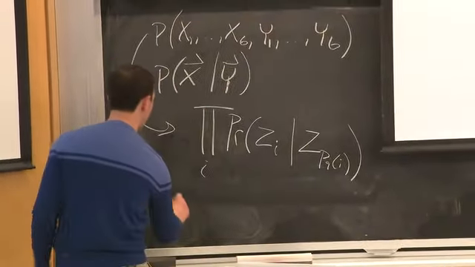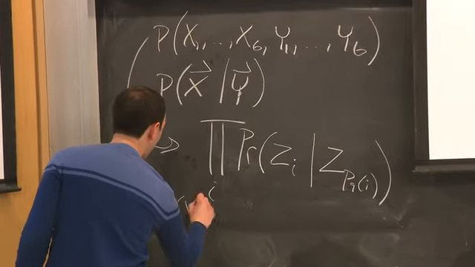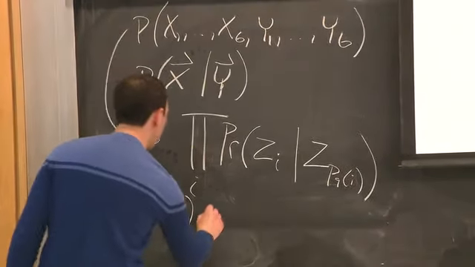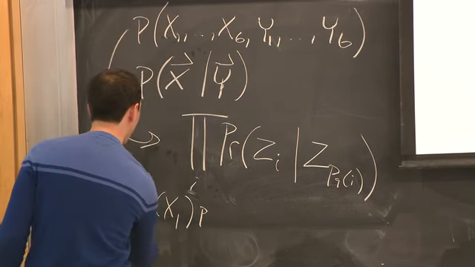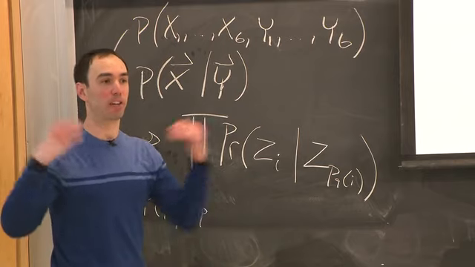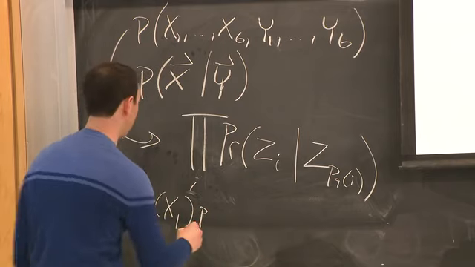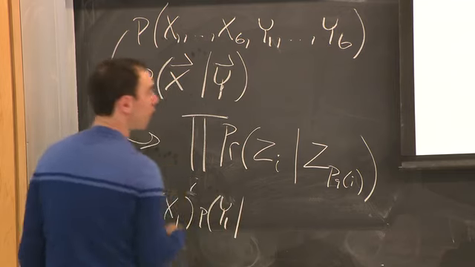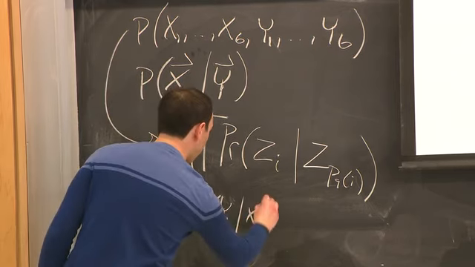So the first random variable is x1. Second random variable is y1. And what are the parents of y1? Everyone can say out loud? X1, OK. So y1 in this factorization is only going to depend on x1.